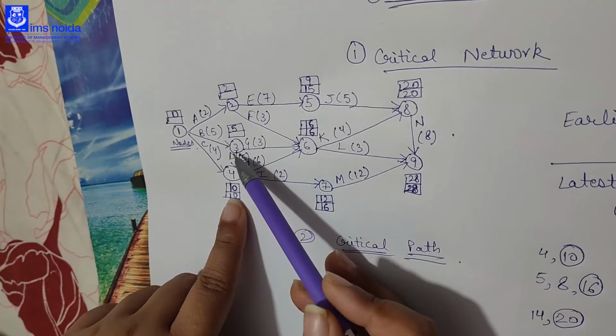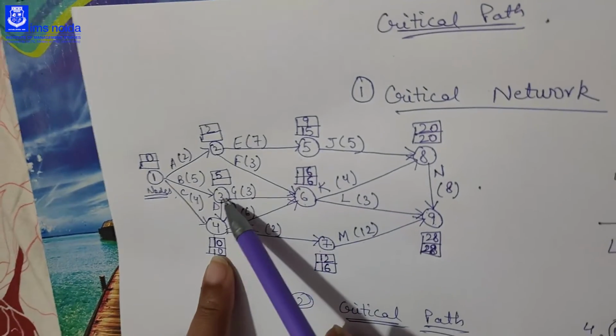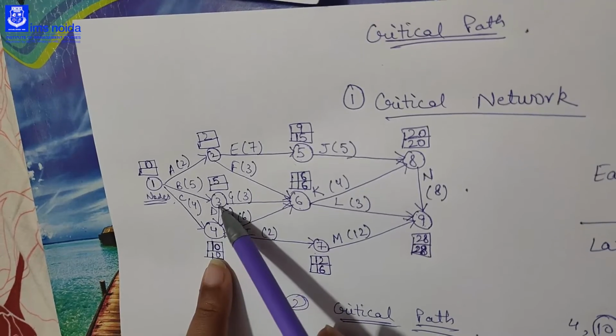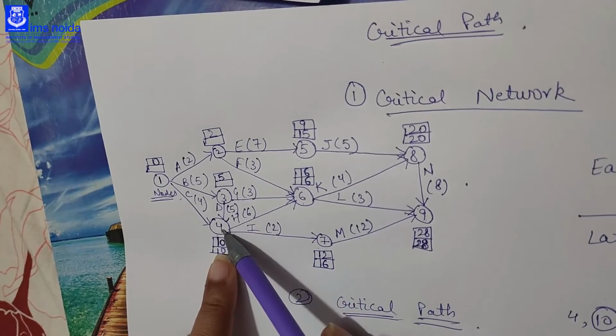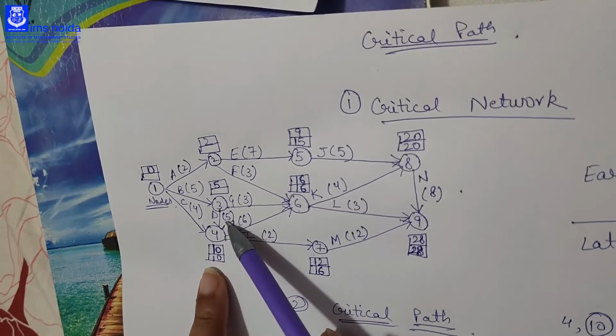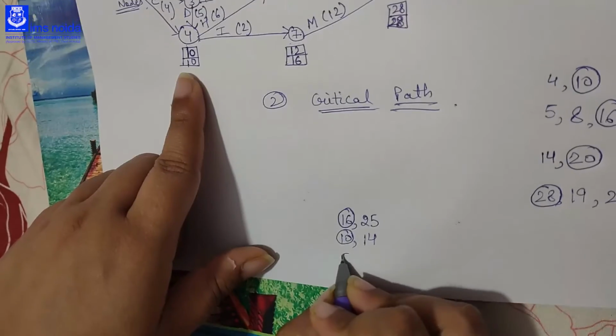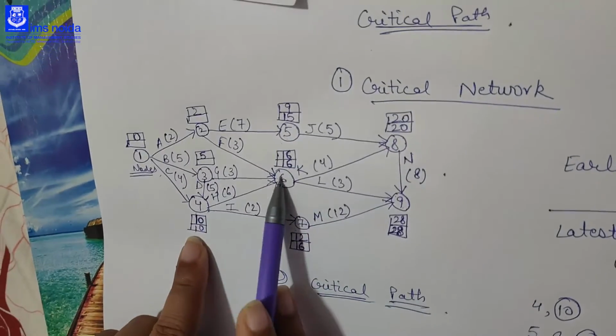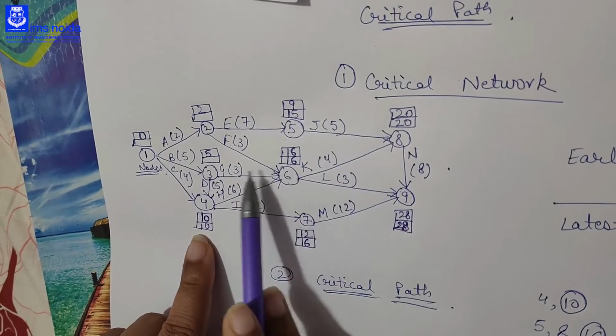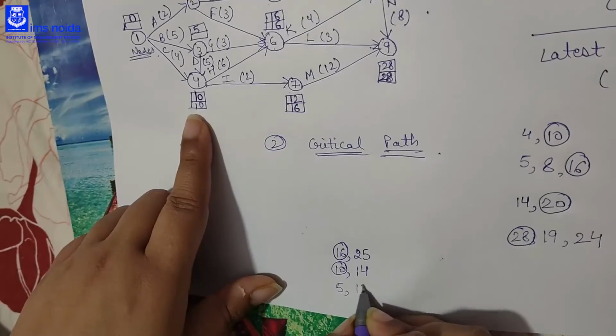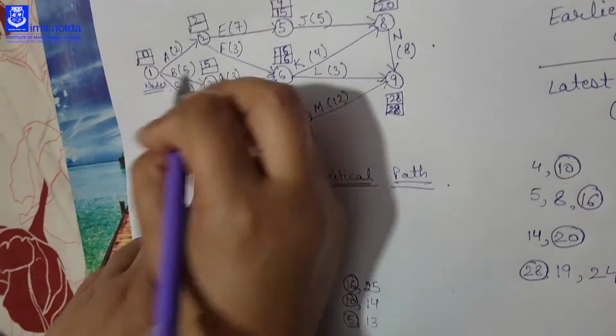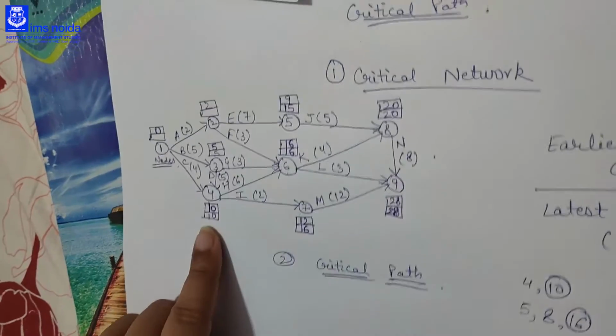Then you will come to the 3. Now again to come to the 3, there are two ways, 4 to 3 and 6 to 3. If you are coming from 4 to 3, you will subtract 5 from 10, that is 5. And if you are coming from 6 to 3, you will subtract 3 from 16, that is 13. The minimum time is 5, so you will take the LC of 3 as 5.